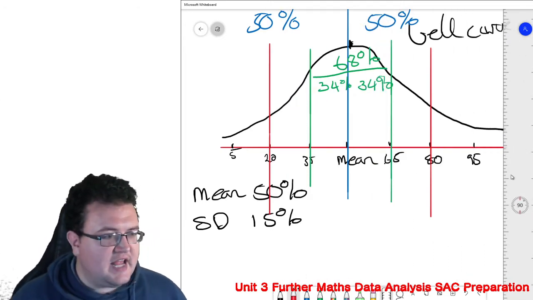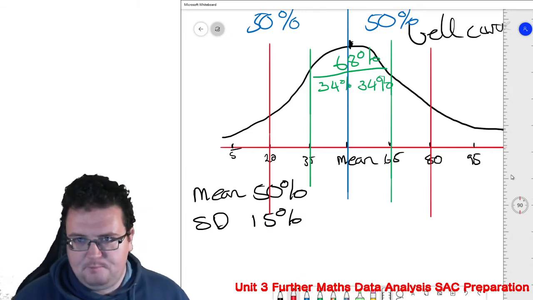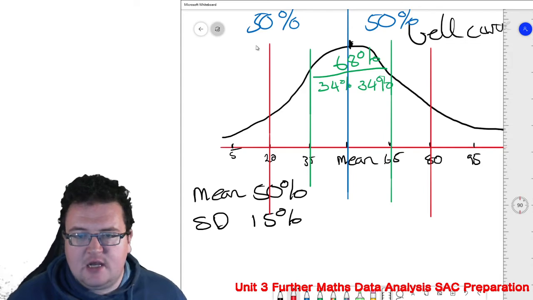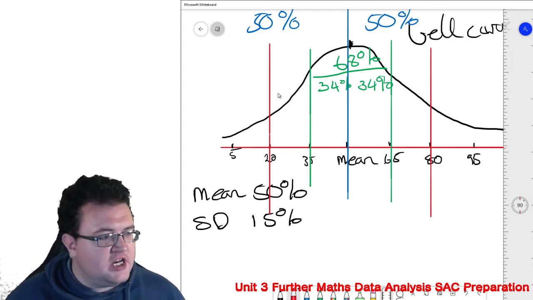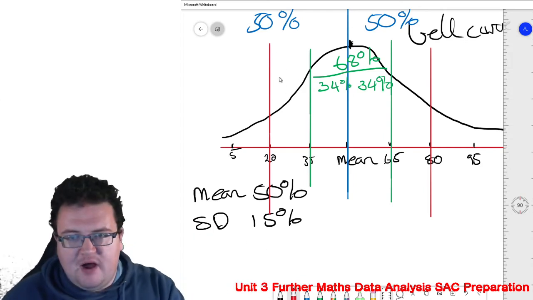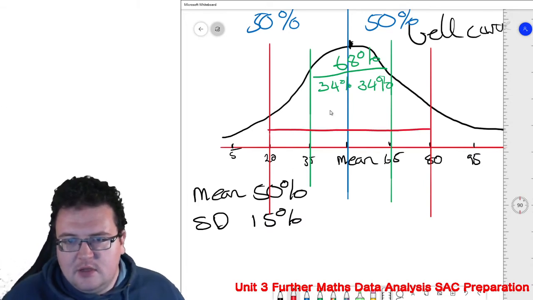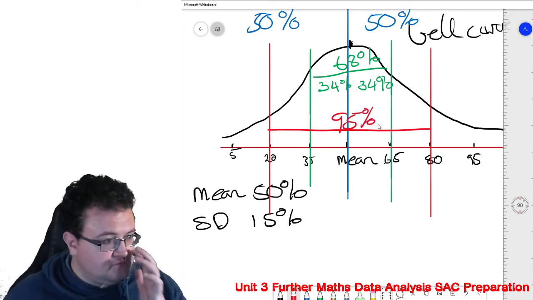Now, two standard deviations is a little different. Well, I say a little, I mean a lot different. Between two below and two above is 95% of my data.